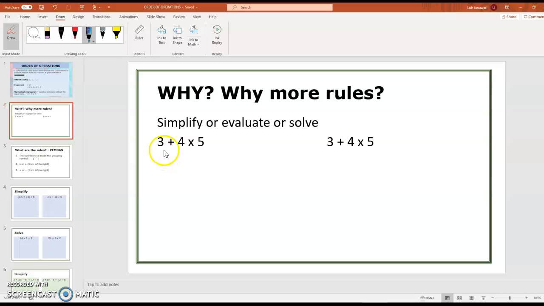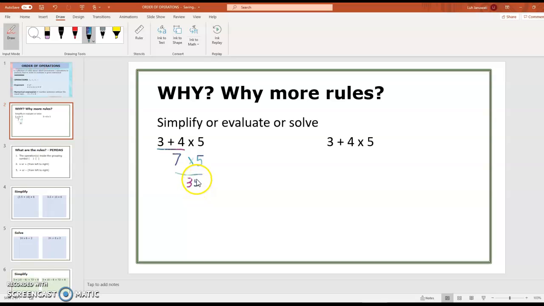Let's look at this example. Simplify or evaluate or solve 3 plus 4 times 5. You might want to say, we read from left to right, so it must be 3 plus 4 first, which is 7, and I have to multiply it by 5, which is 35.